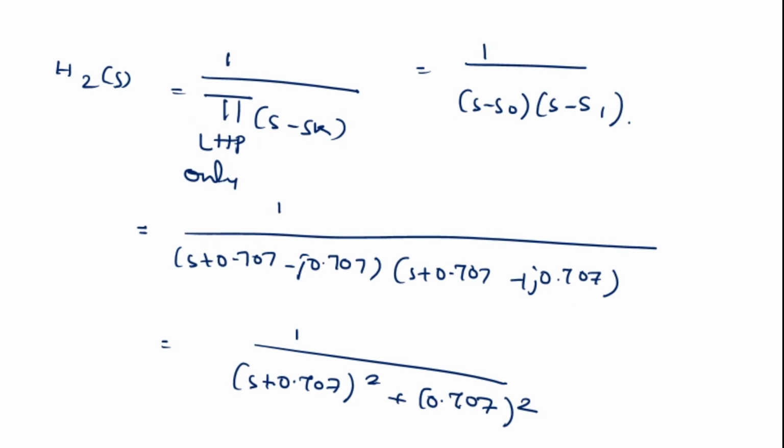So j square is minus 1, so minus of minus becomes positive, which is equal to 1 divided by S square plus 1.414S plus 1.